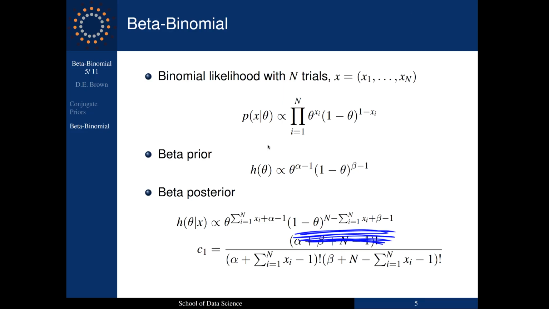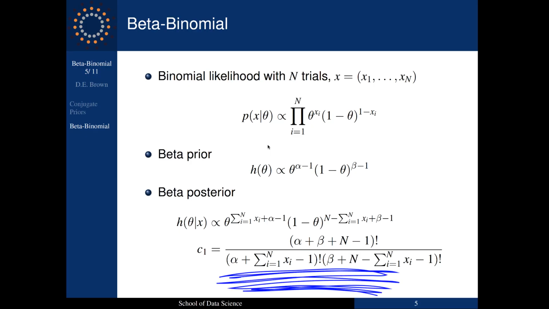In a similar fashion, we have 1 minus theta to the n minus the summation of xi, which is the product form we see in the likelihood, and we have 1 minus theta to the beta minus 1, which is the form we have in the prior. Multiplied together, that gives 1 minus theta to the n minus the summation of the xi's plus beta minus 1. And that forms the kernel of our posterior distribution. The normalizing function in this case is what we show as C1, which is just the normalizing terms that make this into a density function.